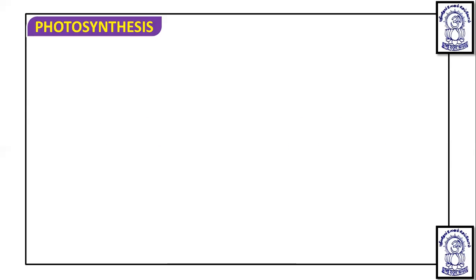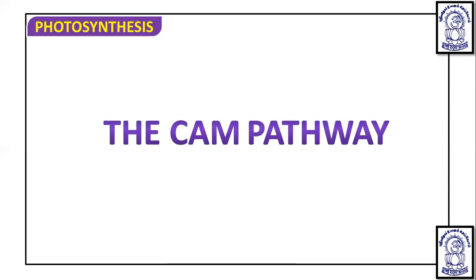Okay. So that is all about the C3 pathway and C4 pathway. Now, after this, we are going to talk about the CAM pathway. CAM pathway, CAM cycle, it is crassulacean acid metabolism. It is somewhat similar to the C4 pathway in the reaction mechanism.